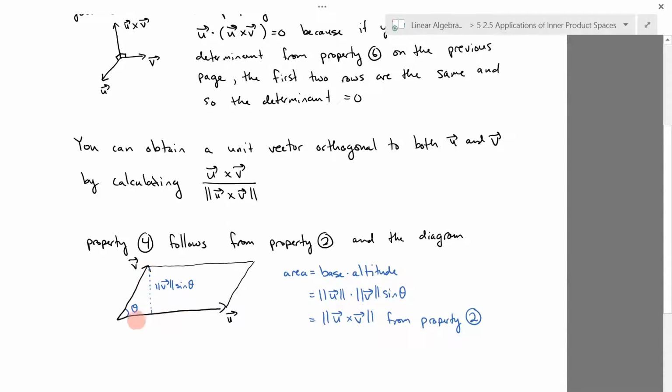The length of the base is just the length of u, and then the height is the length of v times sine theta, because you have a right triangle here, and in the right triangle sine theta is opposite over hypotenuse. So if you write it out like this, from property 2 it's just the same as the norm of the cross product.